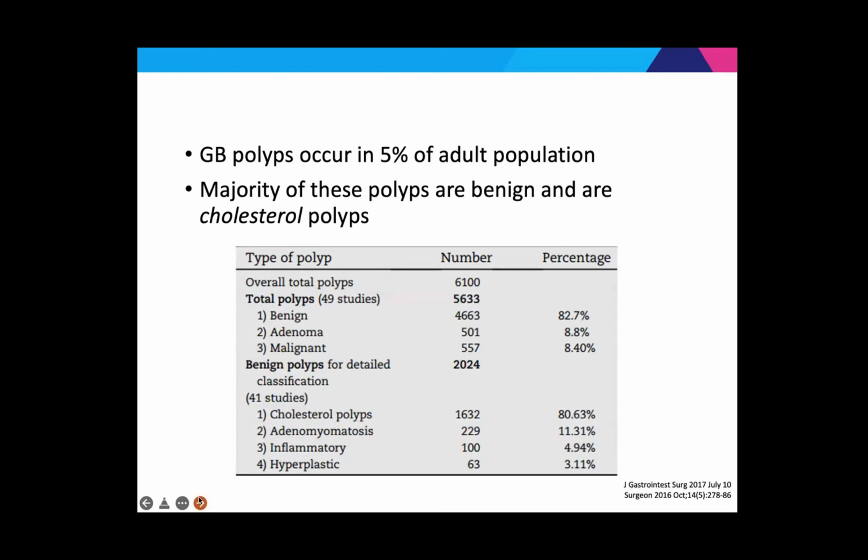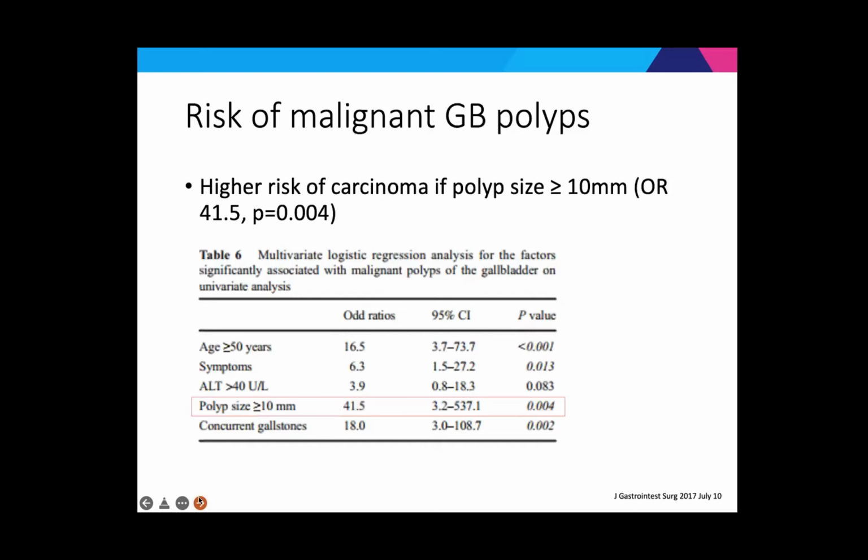Now, they've looked through various risk factors for malignancy, including older age, having symptoms, ALT elevations, or having concurrent stones. And of these, a polyp size greater than 10 millimeters was found to have the highest risk of malignancy. Because of this, we recommend cholecystectomy for gallbladder polyps larger than 10 millimeters.